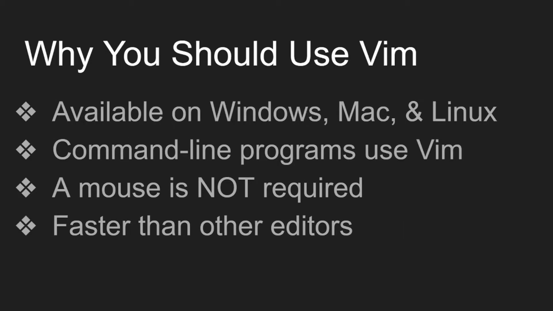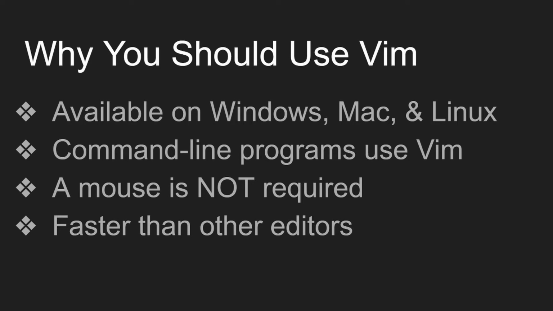Let's take a look at some of the reasons why you should consider using Vim. Vim is widely available on many operating systems like Windows, Mac, and Linux. Also, many command line programs like Git rely on external editors. While many of those programs may have an editor setting that can be set to a specific editor, in most cases, Vim is the default.